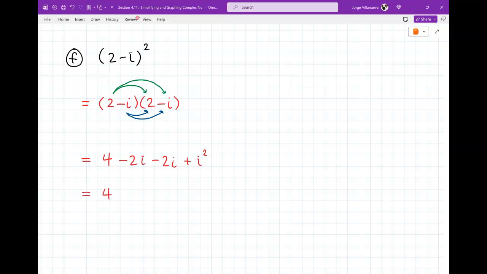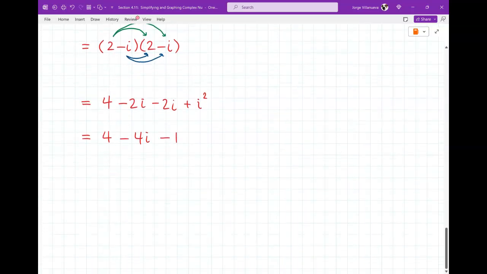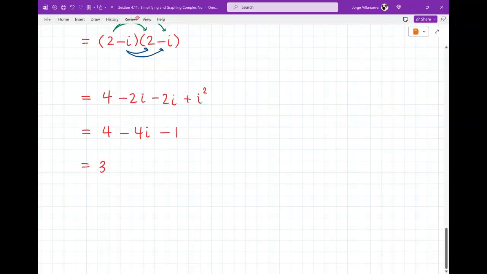The 4 is there. Negative 2i minus 2i is negative 4i. And then i squared is a minus 1. So notice it's plus a negative 1, so I put minus 1. 4 minus 1 is 3, so I'm going to write 3 minus 4i, and that's my answer.